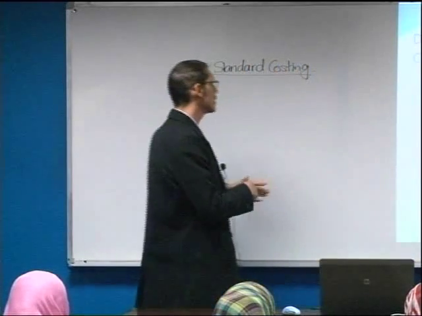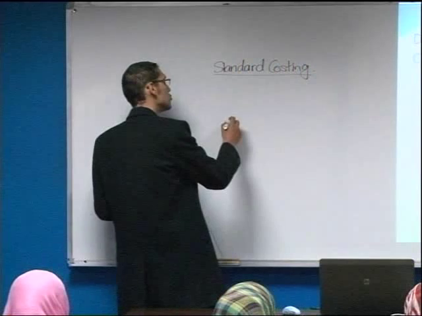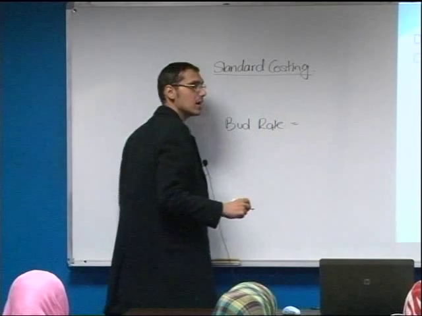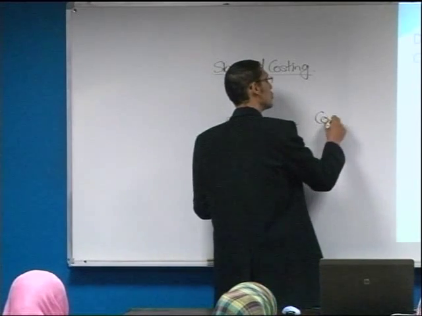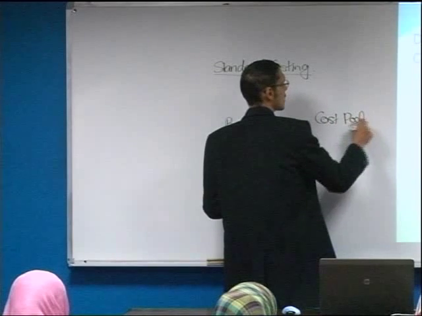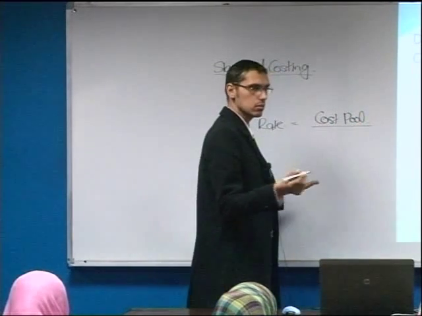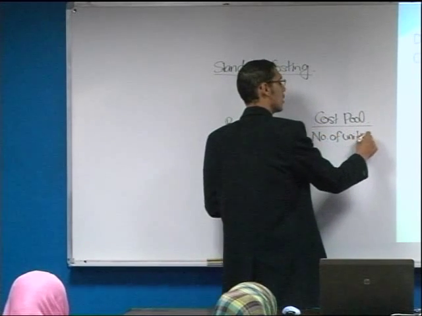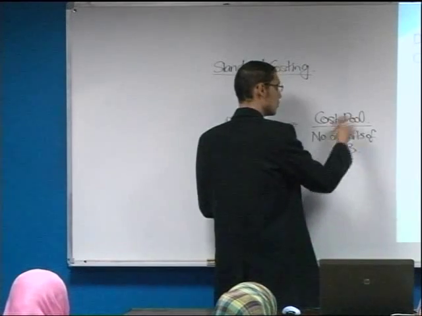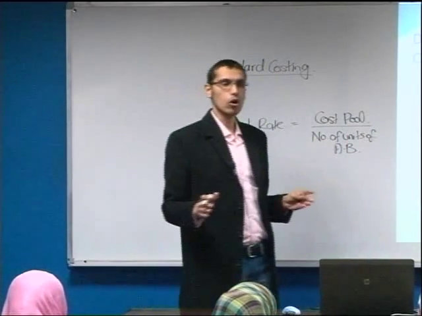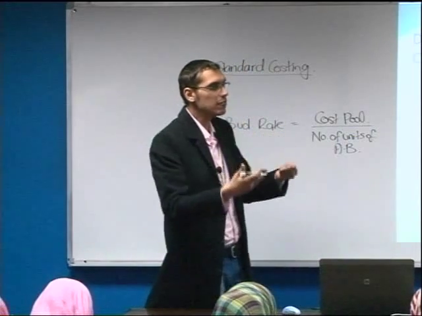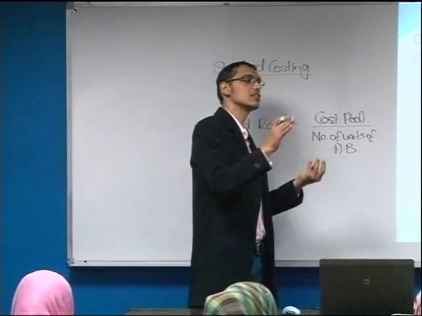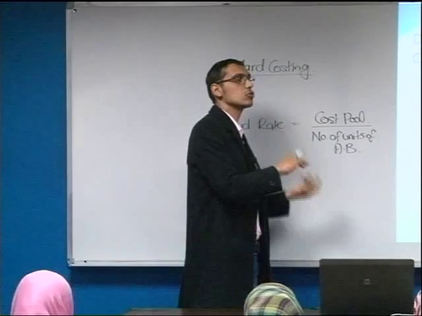Of course, in calculating any rate or any standard rate or any budgeted rate, we need to divide the cost pool, which is of course an indirect cost pool, by the total number of units of the allocation base. Therefore, we need to consider a 12-month period because of two problems that might arise if we considered a period less than 12 months.